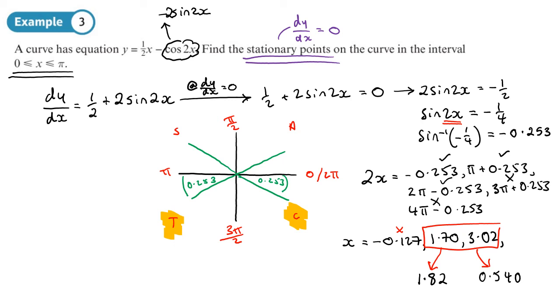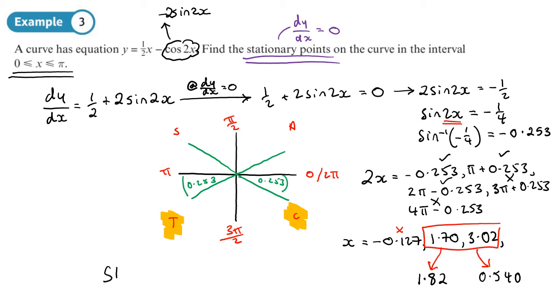Now I've done a lot of rounding here. It probably would have been best if I had used the exact value here, and then use the answer button. That would be better, but you'll get some leeway when you do this in the exam.